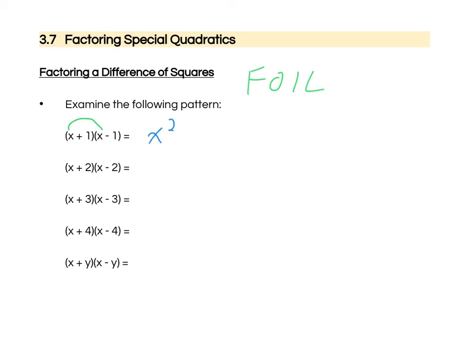I have my outside terms, x times negative 1, which will give me negative x, or negative 1x if you prefer. I have my inside terms, so my positive 1 with my x, which will give me plus x. And then my last terms, my negative 1 and my positive 1 together. Negative 1 times positive 1 will give me negative 1.